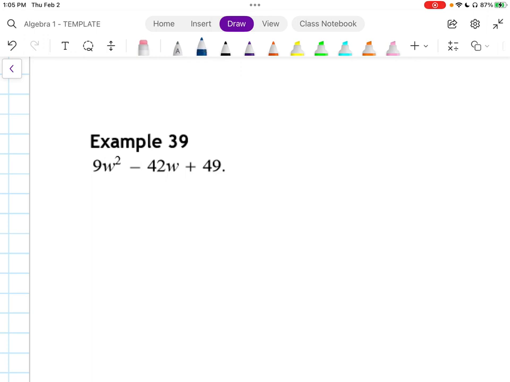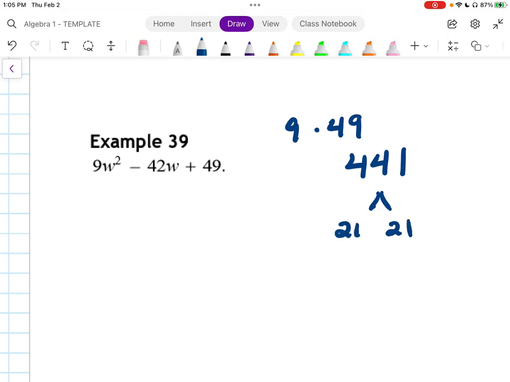All right, well, I guess we have to do it as saying 9 times 49. That's going to give us a big number. That gives us 441. Now, what can we break that apart to be? I bet it's 21 times 21. It is 21 and 21.